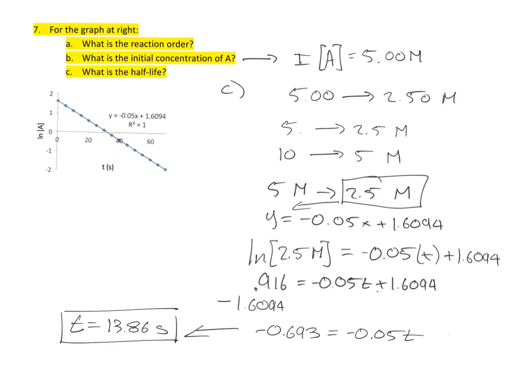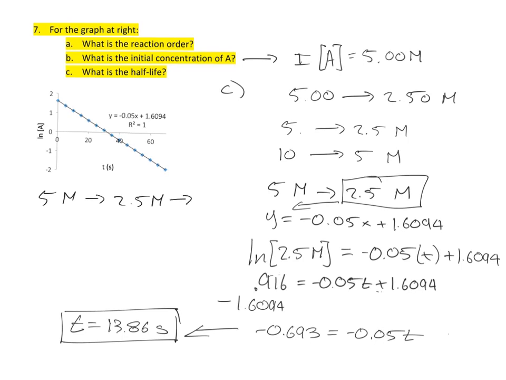Now what does this mean? That means that it takes the reaction 13.86 seconds to use up half of our original reactant. So we'll have 2.5 molar after 13.86 seconds.